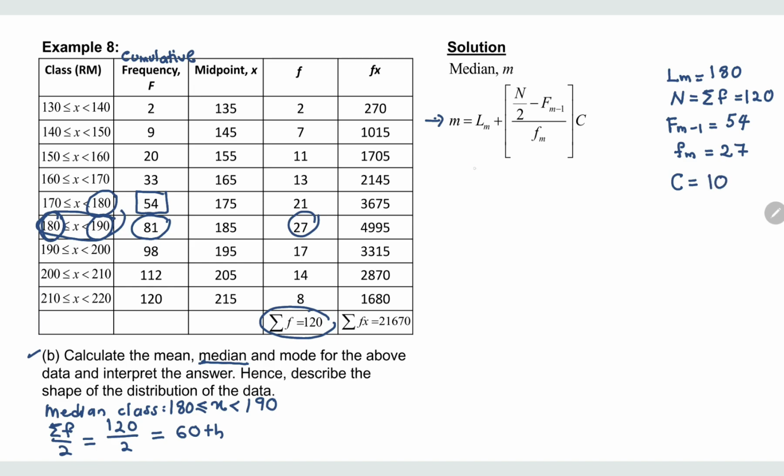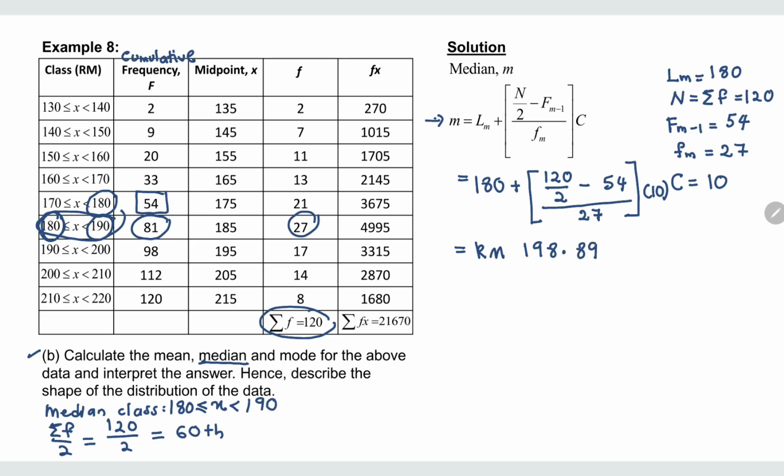Now we can substitute the information into this formula. We have 180 plus, in the bracket, 120 divided by 2 minus 54, divided by 27, times 10. So you will get the answer RM198.89.